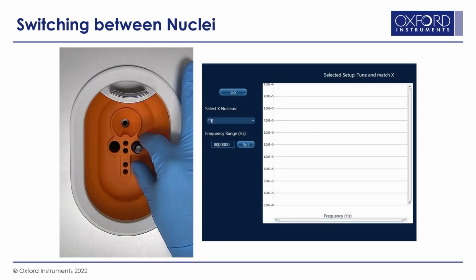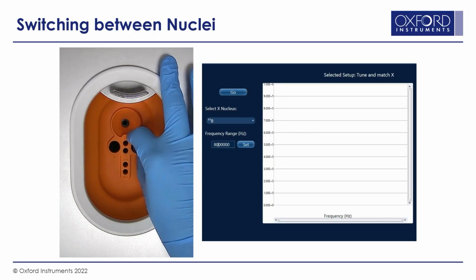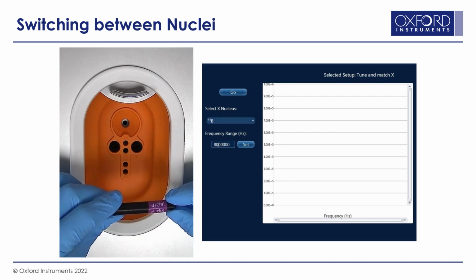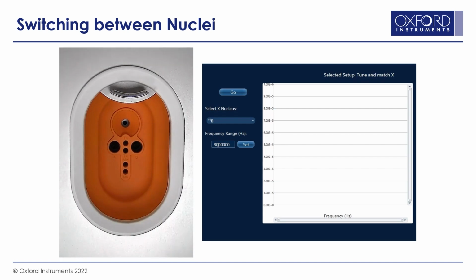As a true broadband system, on the X-Pulse, switching between nuclei uses a process referred to as tune and match, and is both quick and easy, as shown in this video where I simultaneously switch both channels, changing from proton phosphorus to fluorine boron.